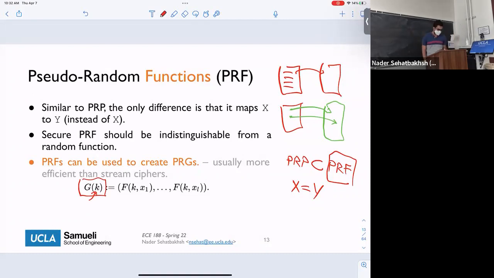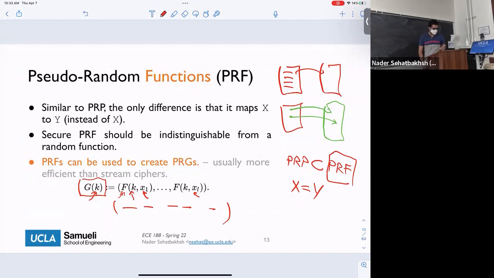You can replace this G with a pseudo-random function, and all you need to do is change the inputs multiple times. You use the key as before, but use a different value each time you call that function. This results in different values. We combine them together and we have the expanded key.